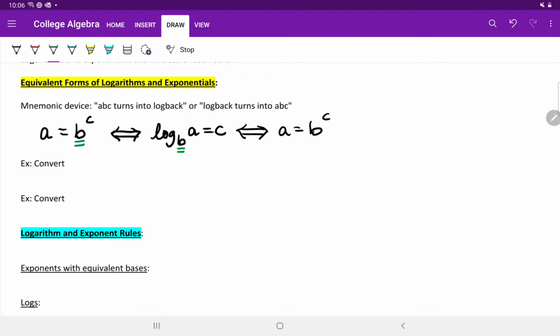So we're going to do a couple of quick examples where we convert something back and forth. Let's say I had 9 equals 4 to the x, and I wanted to solve for x. I could convert this into a logarithm. So I would have log base 4 of 9 equals x.